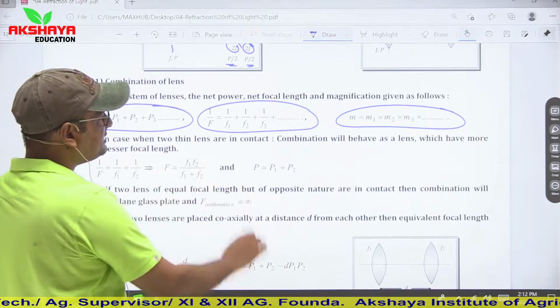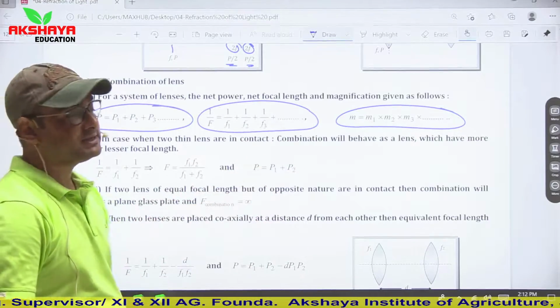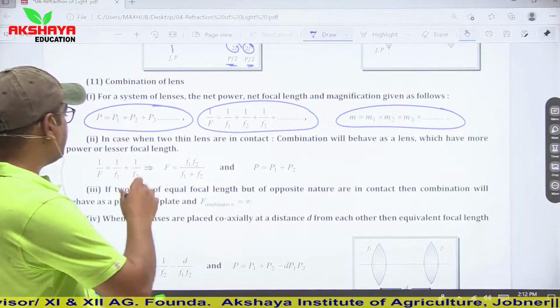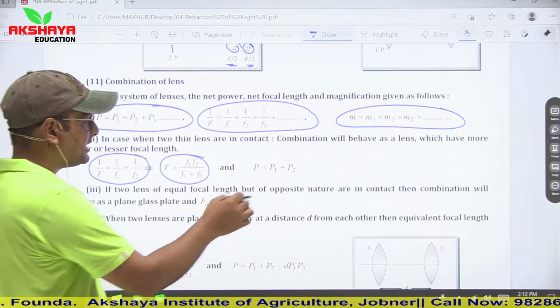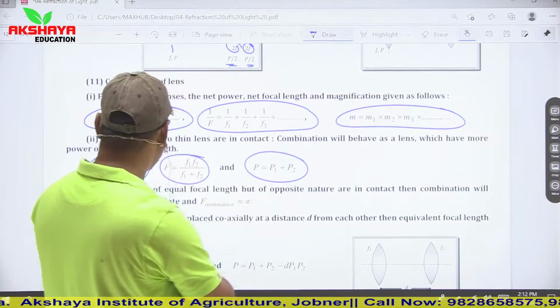If two thin lenses are in contact, then f = f1 f2 upon (f1 + f2), and power becomes P = P1 + P2.